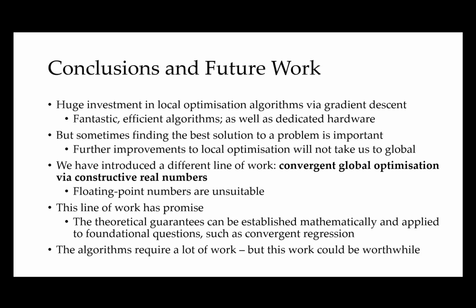And admittedly, the algorithms require a lot of work, as they did with local optimization in the late 90s. But I think this work could be worthwhile. And so I hope that I've introduced this area reasonably. And if you have any questions, then I'll answer them now, or I'll try to answer them now.